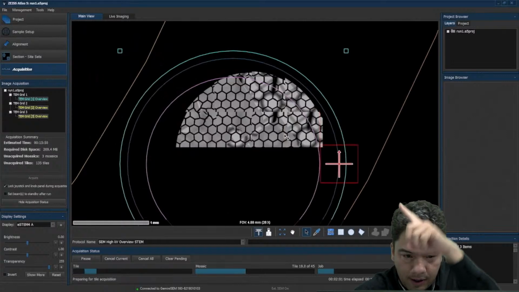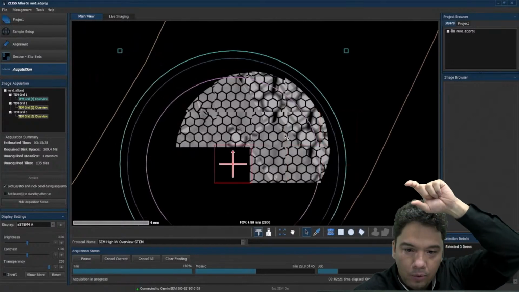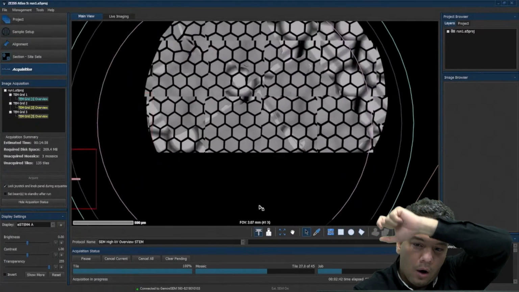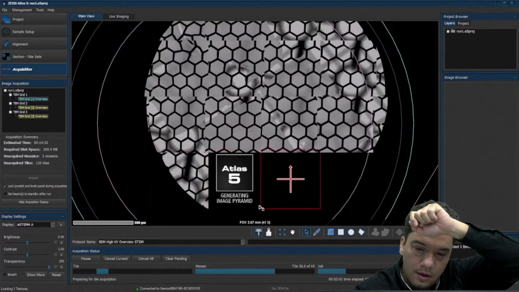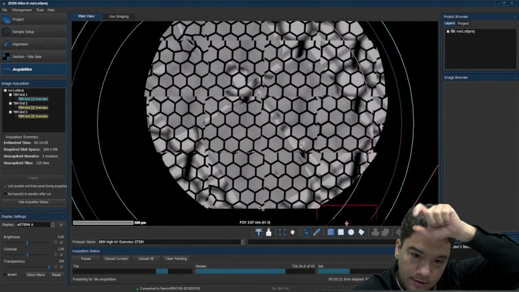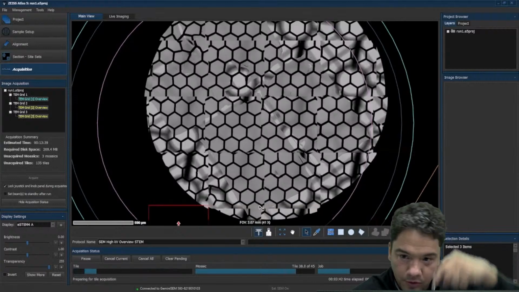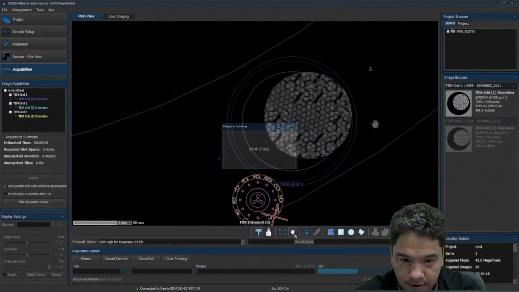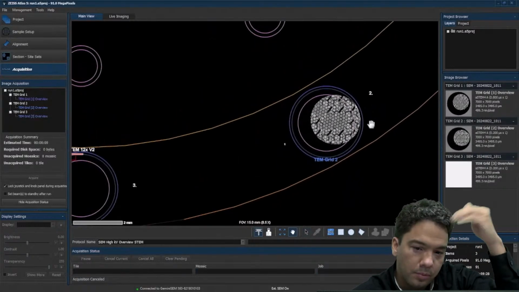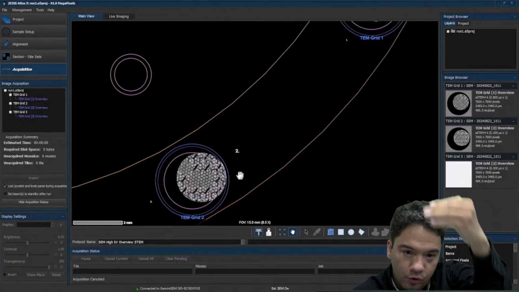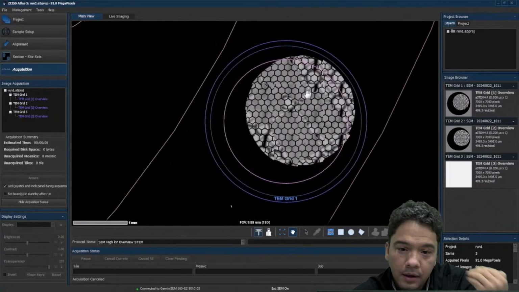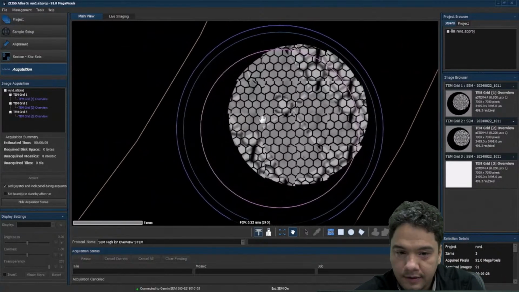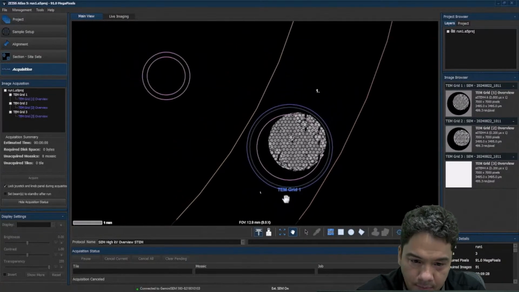And now in this area, you will see how Atlas acquires all the area, all the 300 nanometers that we picked in the previous step. That's very simple. Now, automatically, Atlas will move to the next one and the next one. After these 2 steps, we stop here.